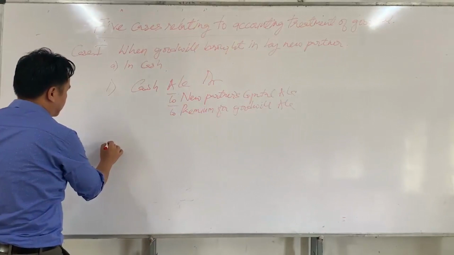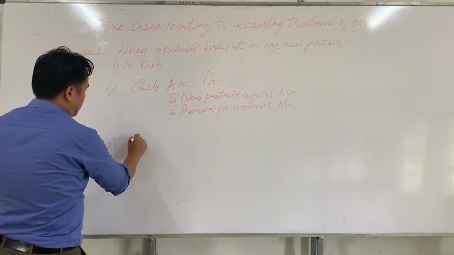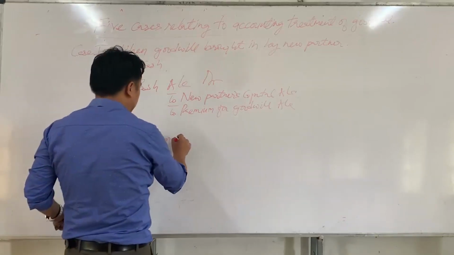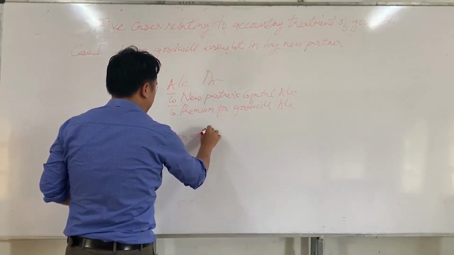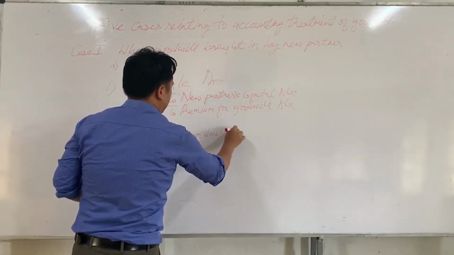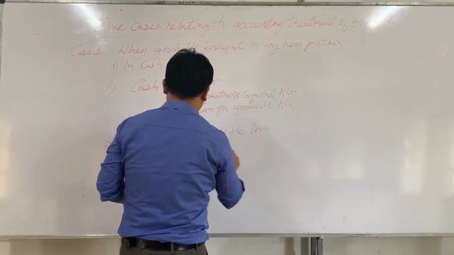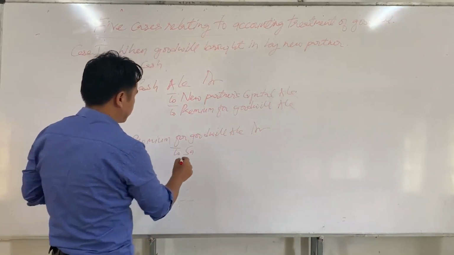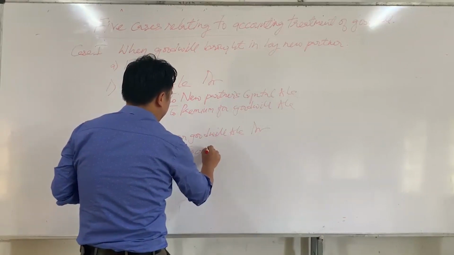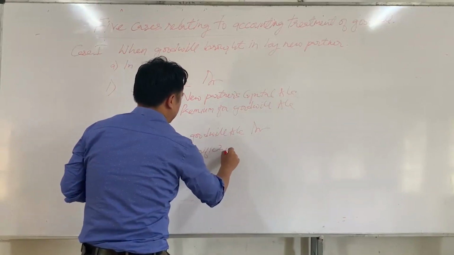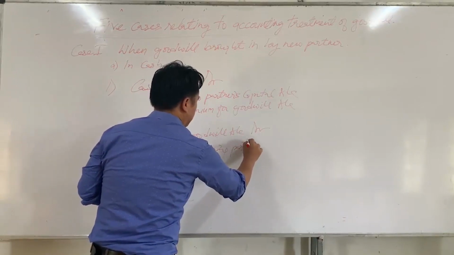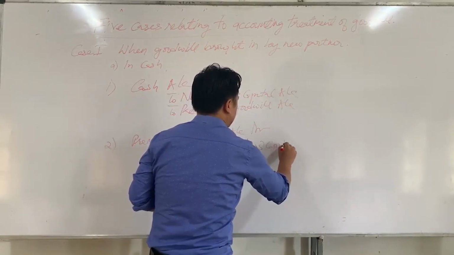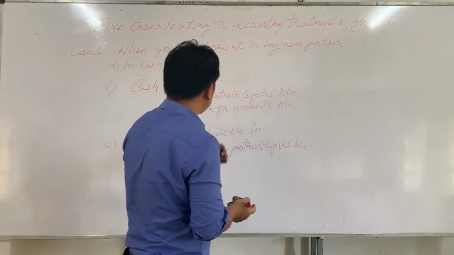And the second journal entry will be: premium for goodwill account Dr to sacrificing partners' capital account.